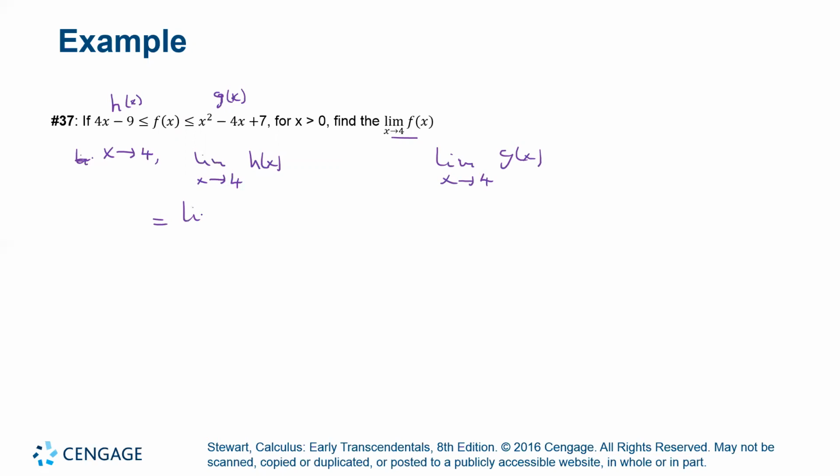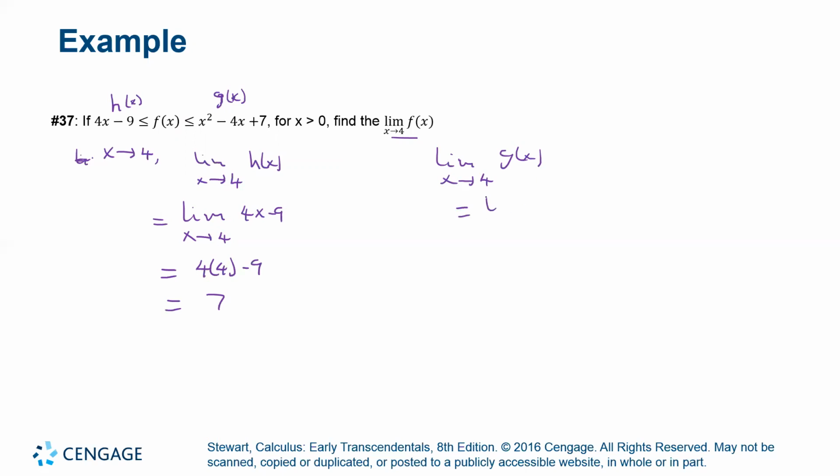Okay, so let's evaluate them. The limit as x approaches 4 of the function what? 4x minus 9. Okay, it's in the domain, so we use direct substitution. This is 4 times 4 minus 9, which is equal to 16 minus 9, which is what? 7. Now let's look at g.